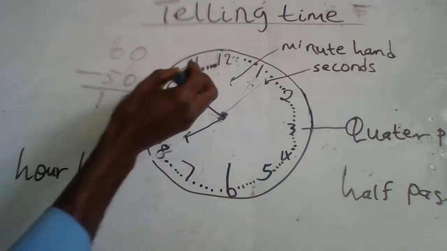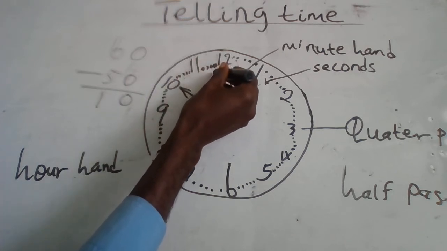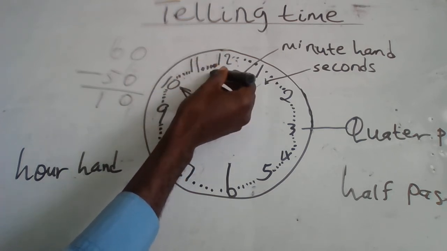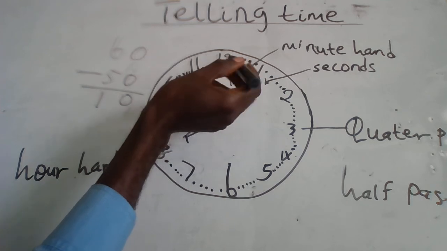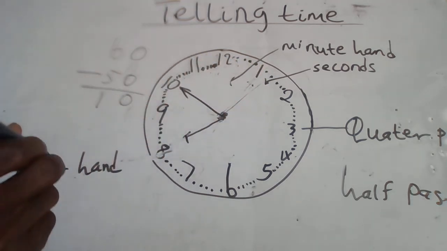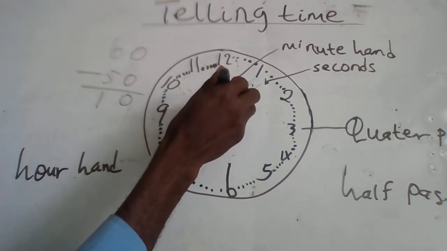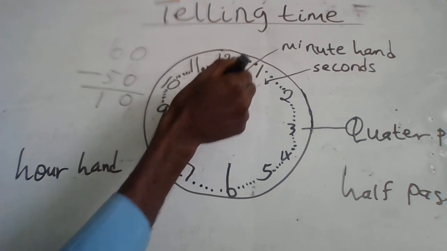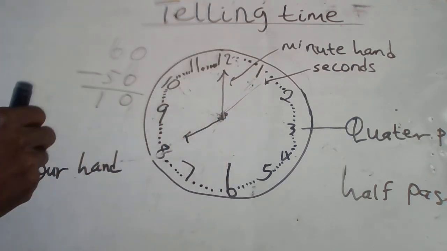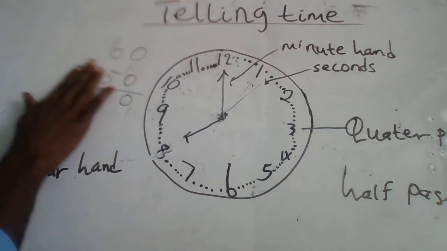Okay, so this is 1, 2, and this 2 has 5 minutes inside. So 5 plus 5 is 10. So we have 10 minutes to the hour of 8. By the time it reaches here, it's 8 o'clock exactly.